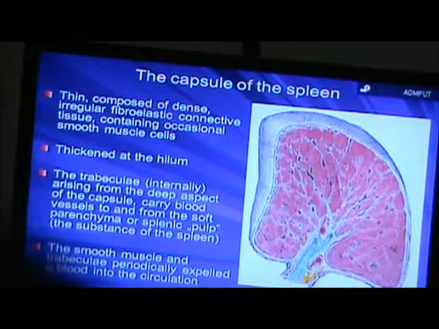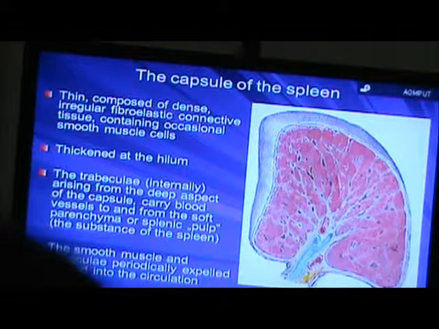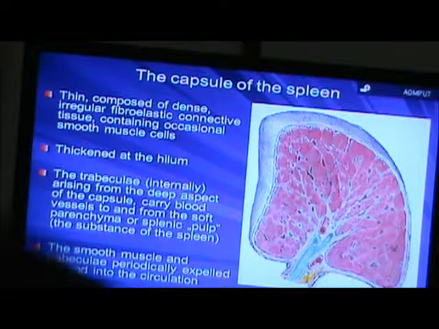They carry blood vessels to and from the soft parenchyma, the splenic pulp, the substance of the spleen. The smooth muscle and the trabeculae periodically expel the blood into the circulation, so into the splenic vein.